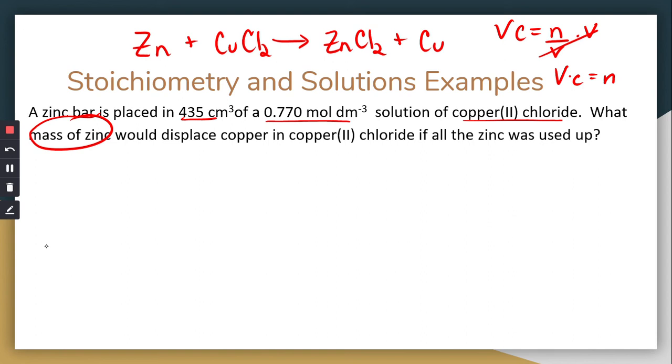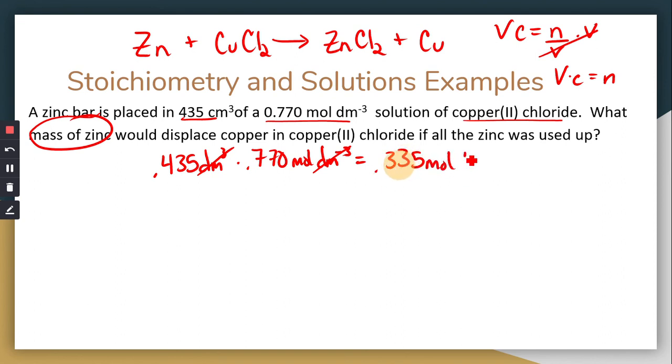So 0.435 decimeters cubed times 0.770. Our decimeters cubed would cancel, giving us our moles. So we have 0.335 moles of our copper chloride.